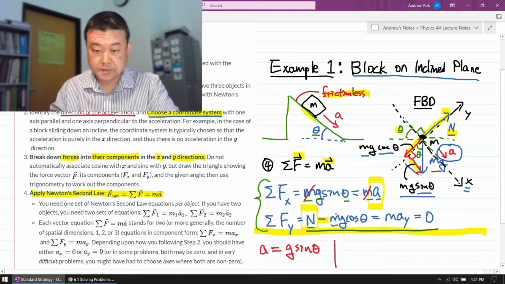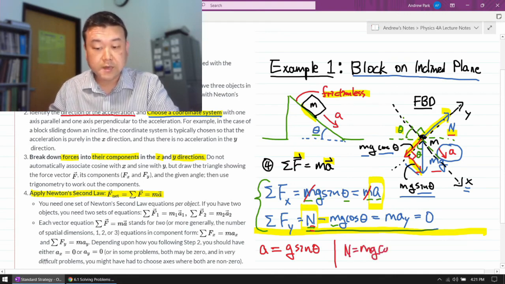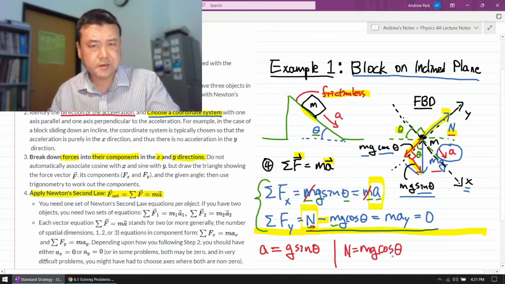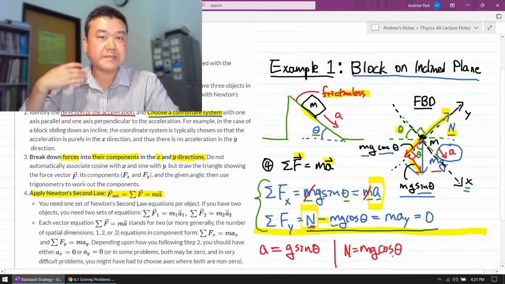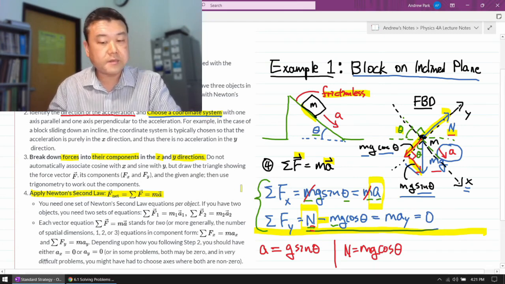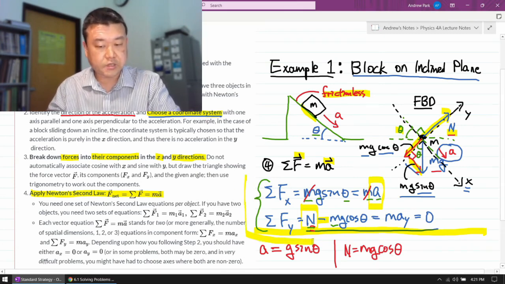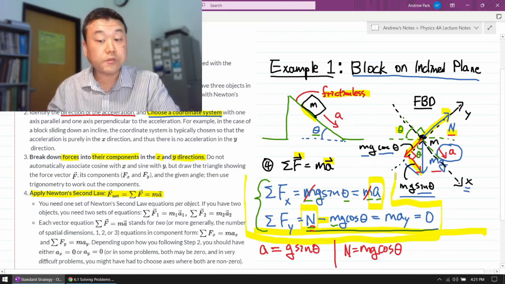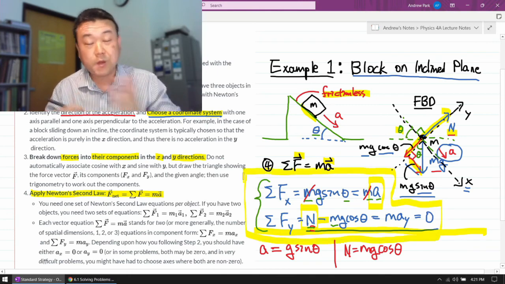Then we can take the second equation, solve it for normal force, and quickly get normal force is equal to mg cosine theta. And because the steps for that last mile will depend on what the question actually asks for, standard strategy lands us in this stage where we are ready to answer any question that someone might ask, but we haven't quite answered it yet.